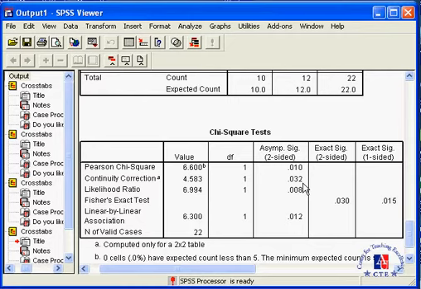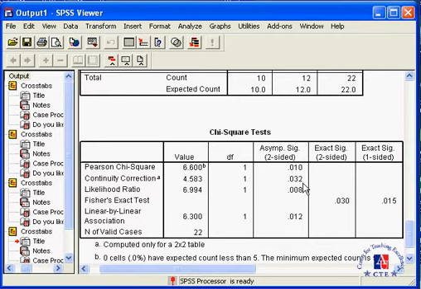Now, what to do when you have a larger table, one that's larger than 2x2? The variables we used in this example had two categories each. Sex had male and female, football had yes and no, so this gave us a 2x2 table. Sometimes, however, you deal with variables that have more than two categories, and then the table becomes larger than 2x2.